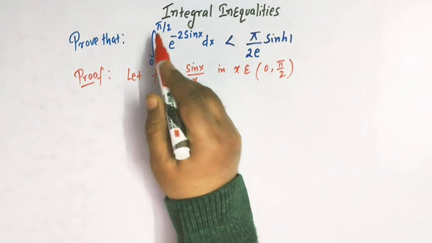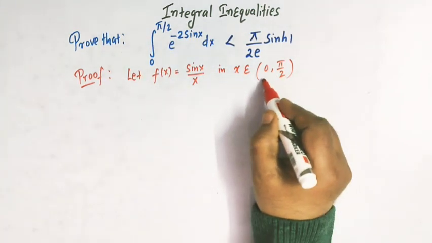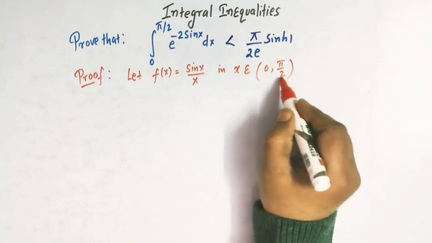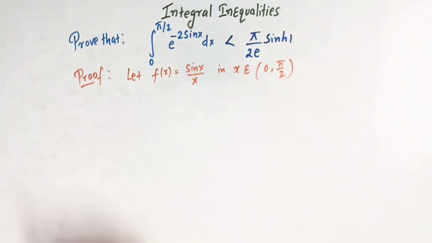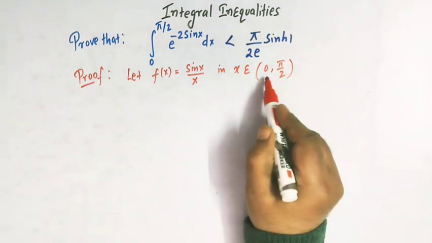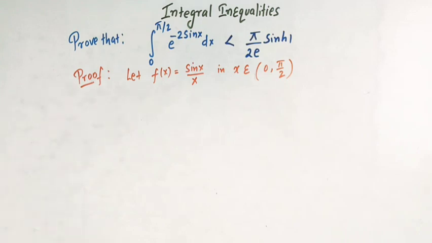Here the limits of integration are from 0 to pi by 2, so we'll consider this interval, right?